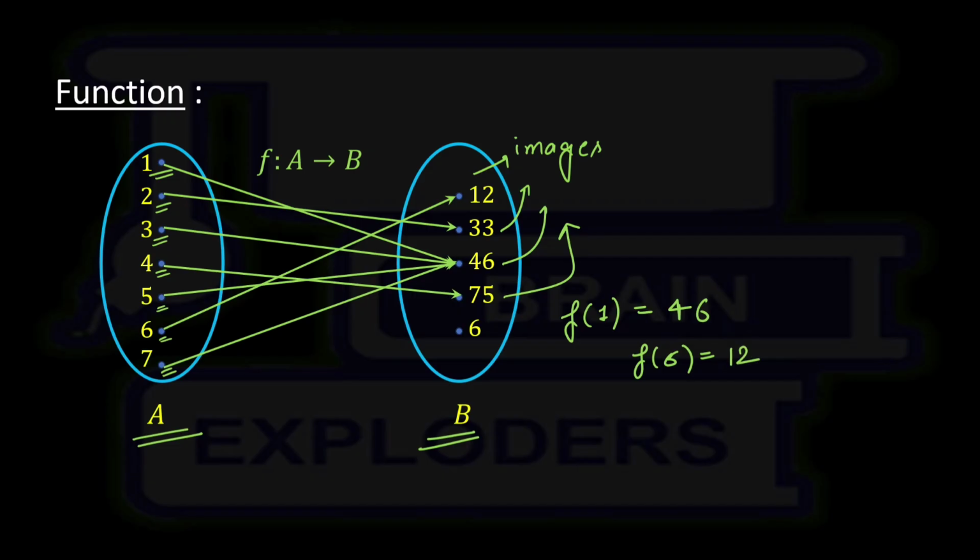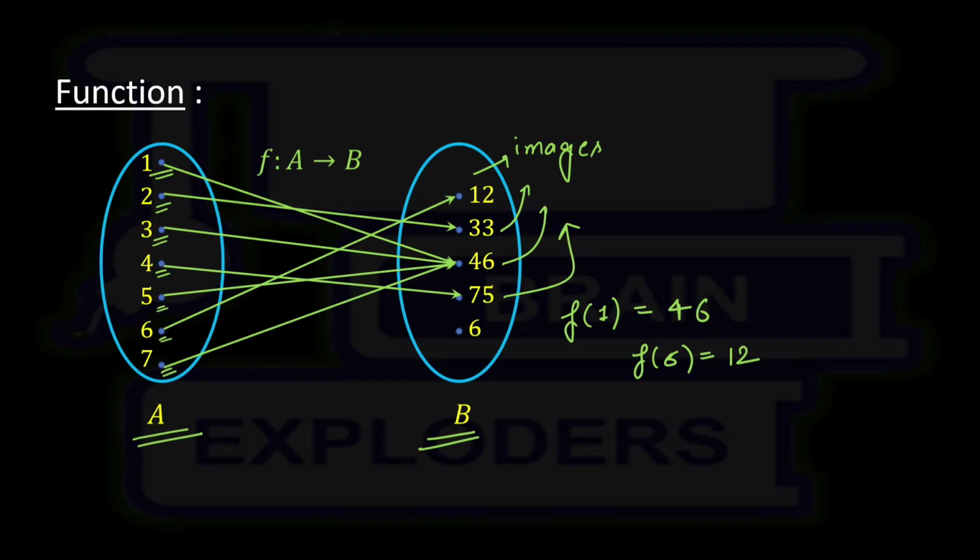Now the second thing we mention in the definition of function is that each element is connected to exactly one element of B, right? So if we join this 7 with 6, then 7 will have two images, right? So that will violate the condition of function, right? In the relation it was not the condition, we have seen this, but in function every element of A should have an image and exactly one image.